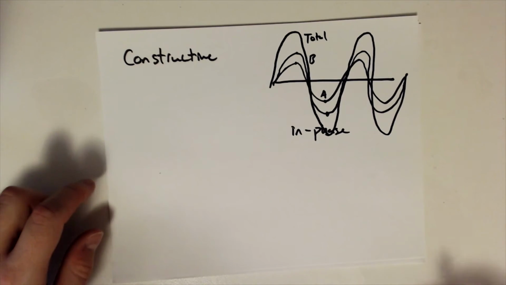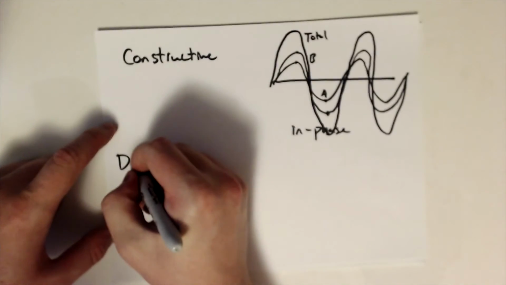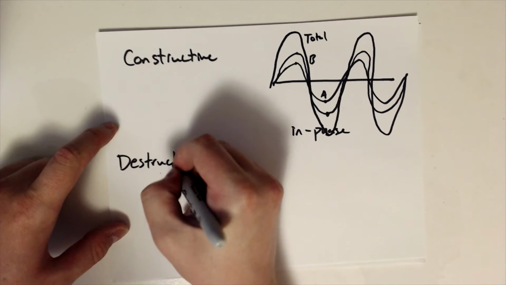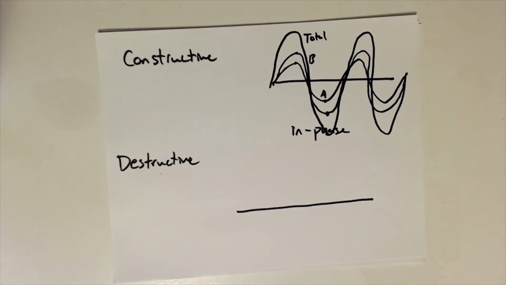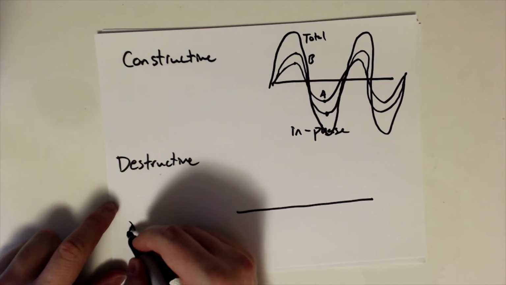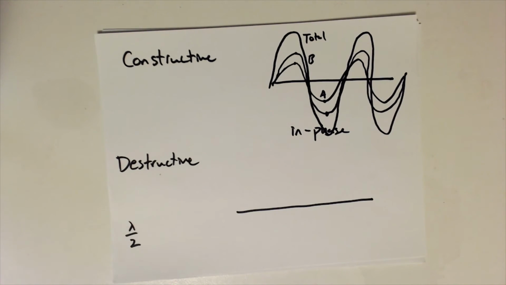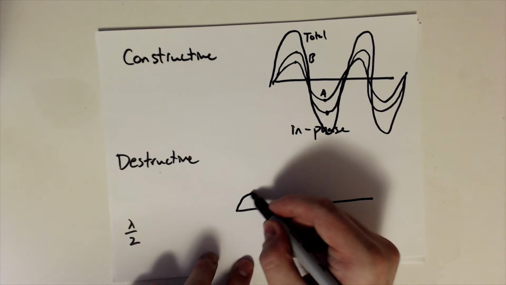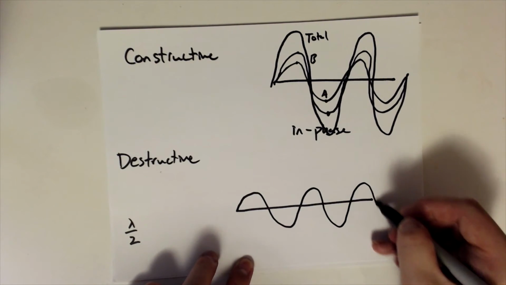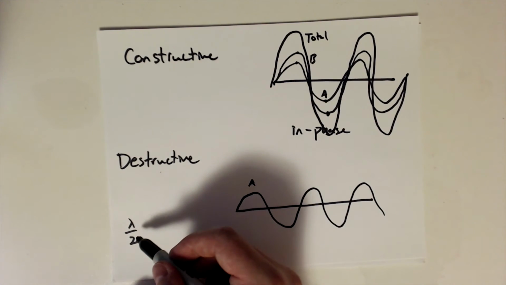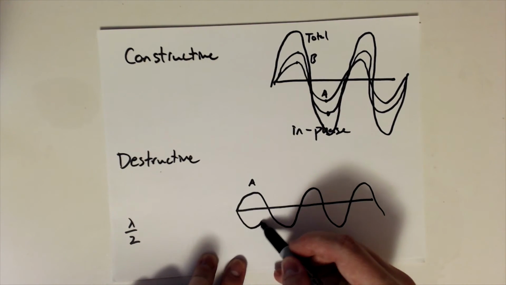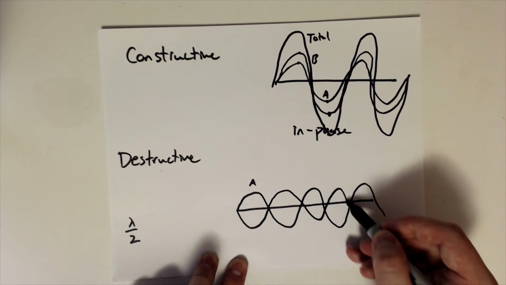That's constructive. If we go to destructive, we look at the case where we have waves completely out of phase by lambda over 2. I'm going to draw a sine wave. This is wave A. If they're offset by lambda over 2, the second wave is going to look like that.